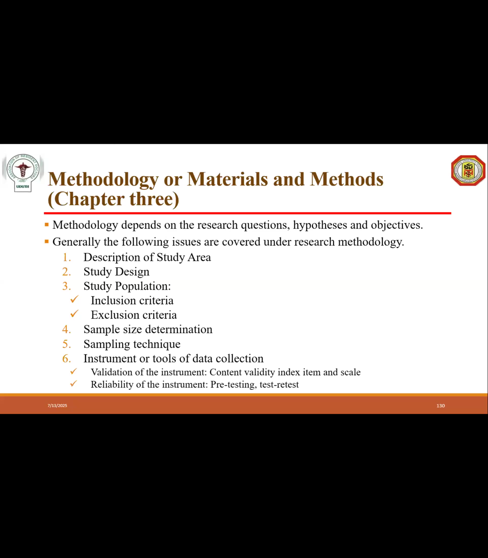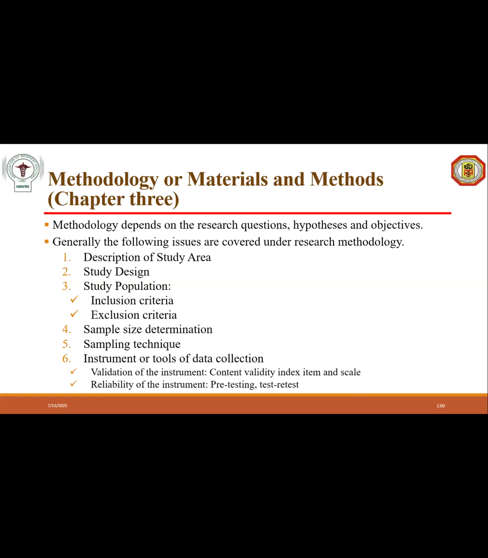Then inclusion criteria. Inclusion criteria is a subset of study population. So it is not on its own. It is under study population. When you say study population, there is the pregnant women attending ANC in UDUTH, SOKOTO. Then inclusion criteria is among these pregnant women, which one among them are you including?